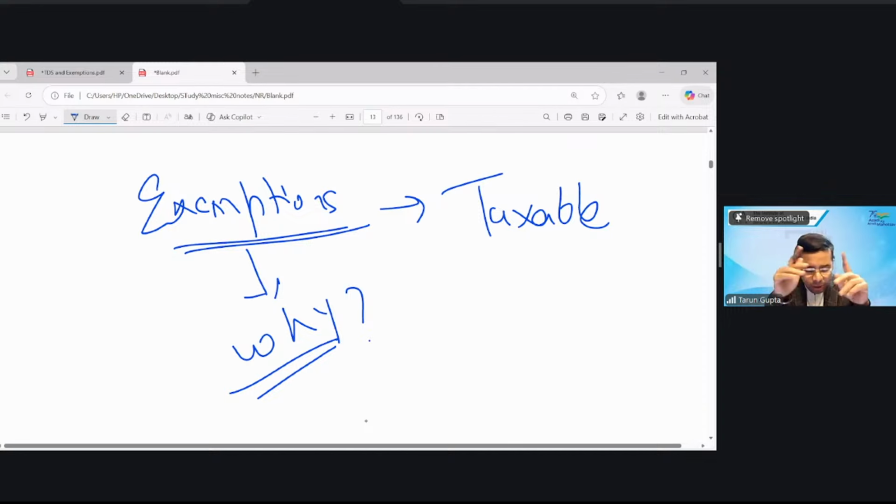This is overall in favor of the economy of the country, and therefore they encourage the non-resident by exempting their income which they earn from India, so that they are encouraged to enter into these types of transactions, and therefore the exemptions are provided. Okay, simple.